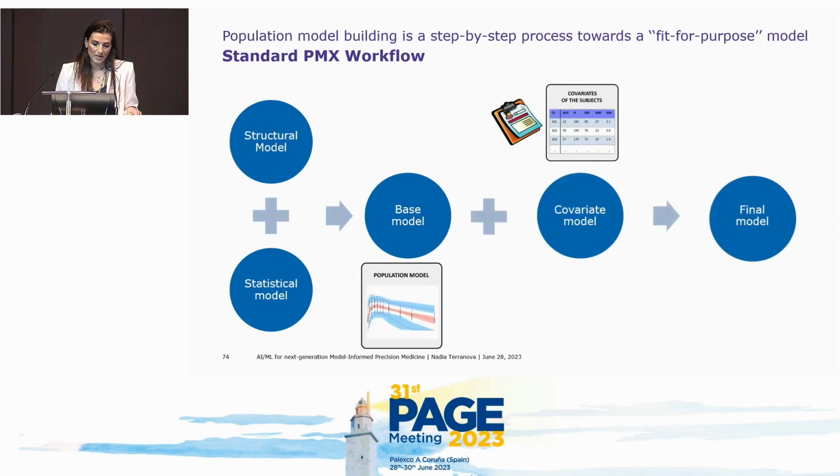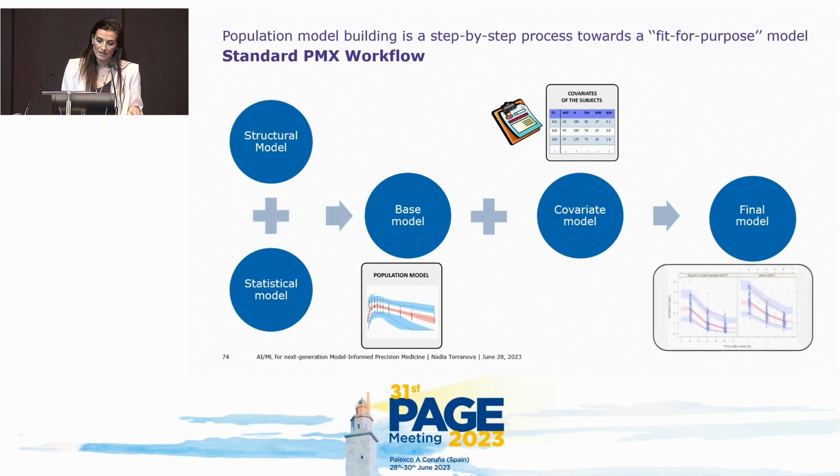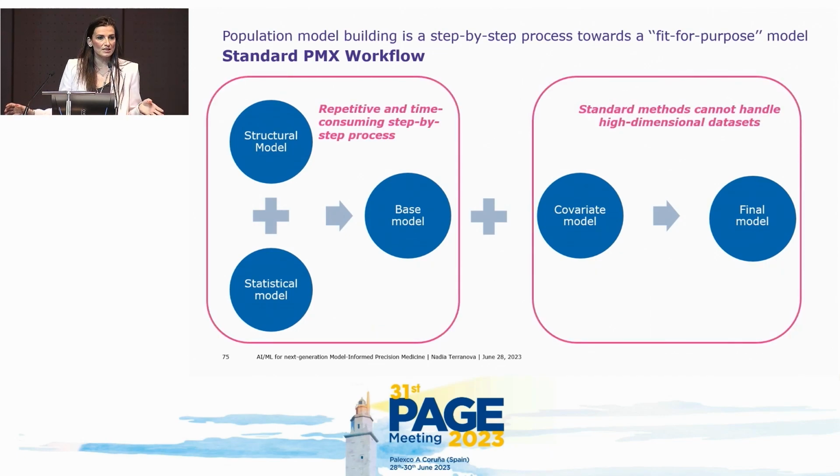Once we have our base model, you may want to do some covariate assessment to understand which factors can explain part of the observed variability. This leads to a final model where we retain covariates on the model parameters that can be explained. But this process can be quite repetitive and time-consuming.